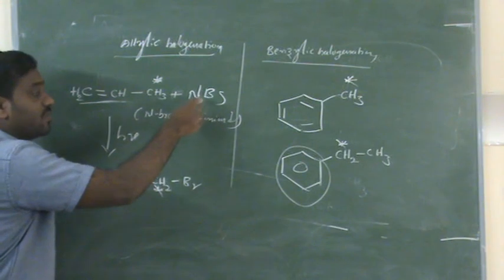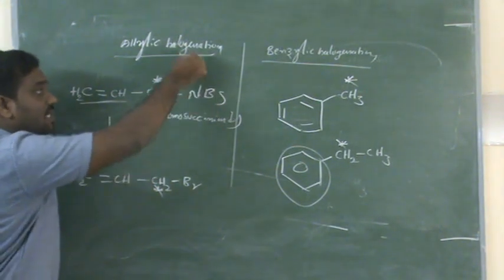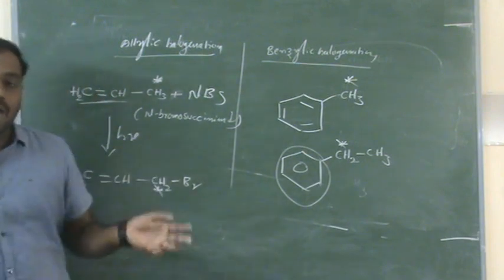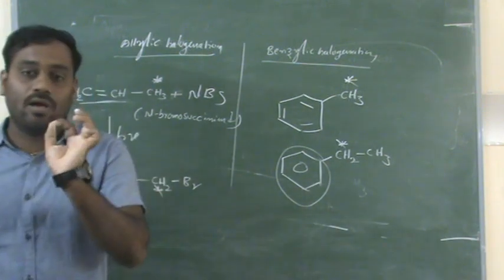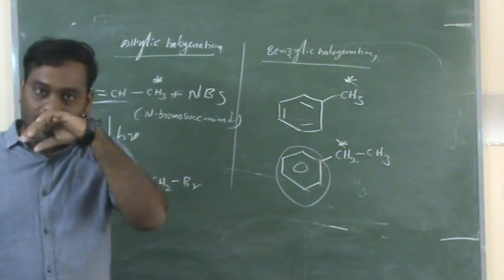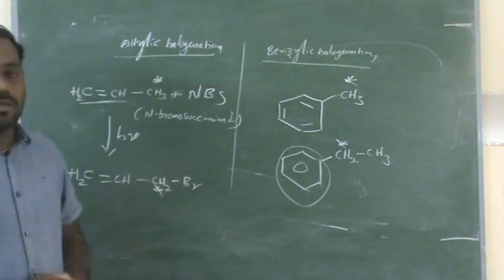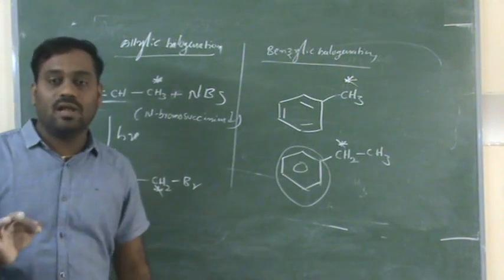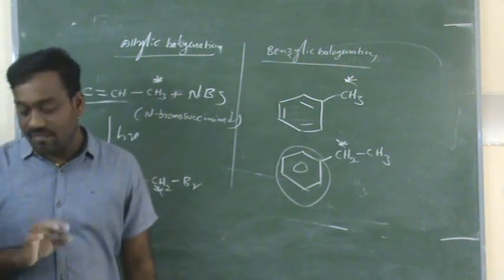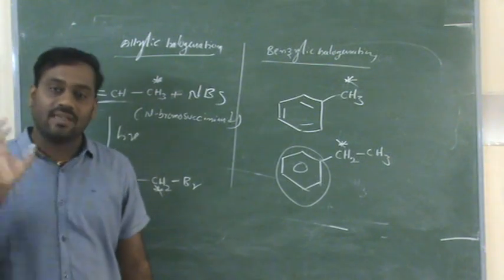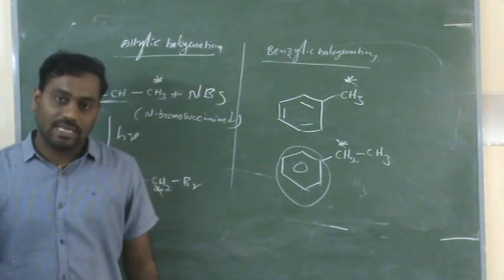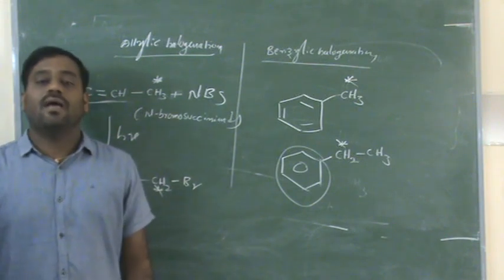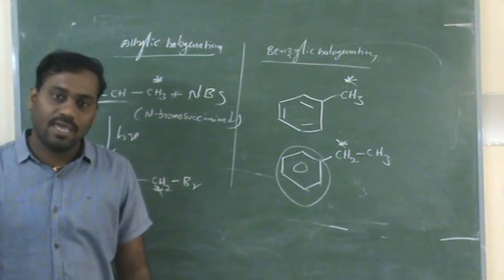NBS is an allylic halogenating reagent, meaning the Br attacks the allylic position by removing hydrogen. So these are the two reagents: Br2 or Cl2 at 773 Kelvin, and N-bromosuccinimide, both act as allylic halogenating agents.